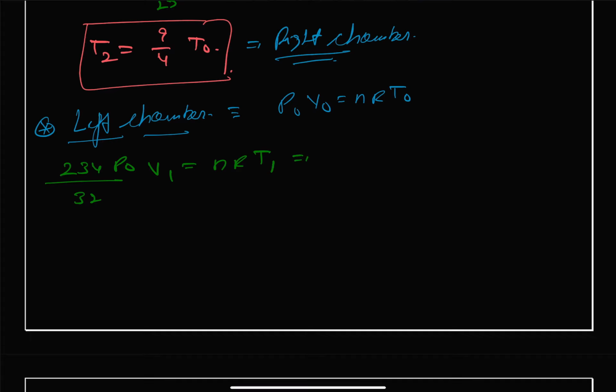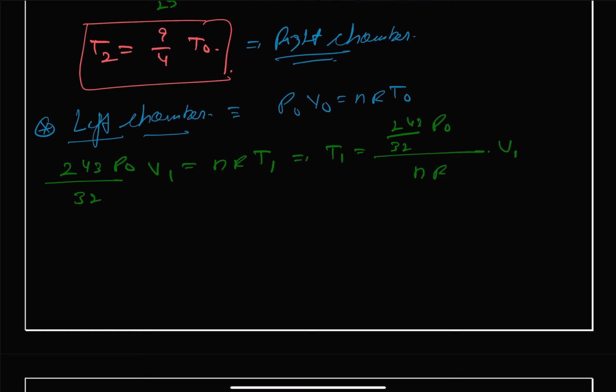So therefore our T1 is equal to 243 divided by 32 times P naught and N times R multiplied by V1.